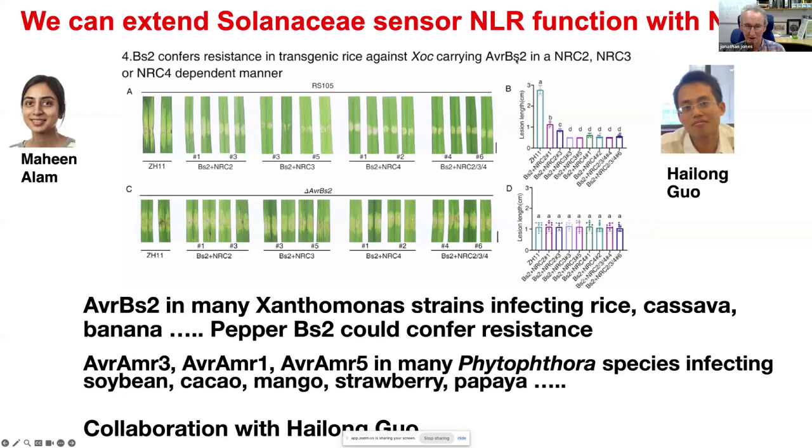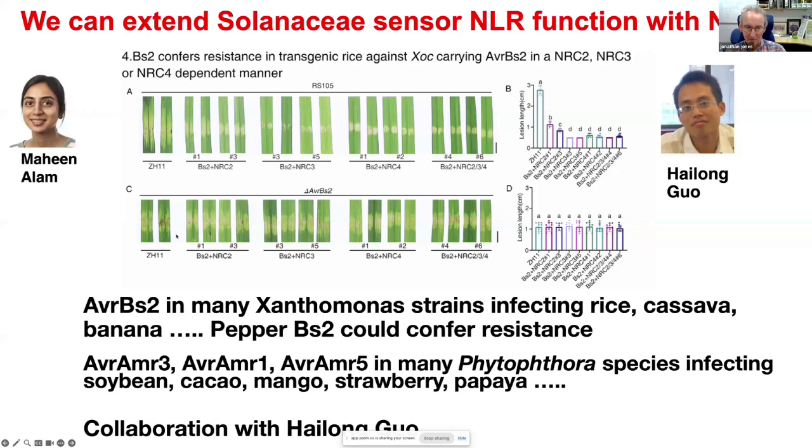It carries AVR-BS2, and this is what susceptibility looks like. But if you deliver BS2 plus NRC3 or NRC4 or all three of them, less so with NRC2, it prefers 3 and 4, you get resistance to Xanthomonas in rice, enabled by a pepper immune receptor.